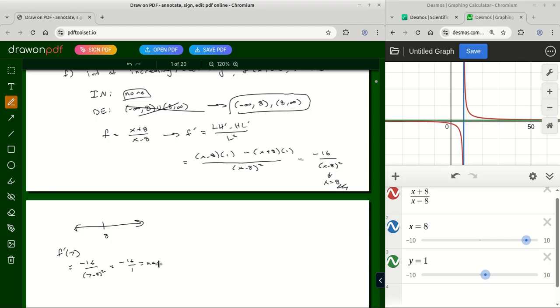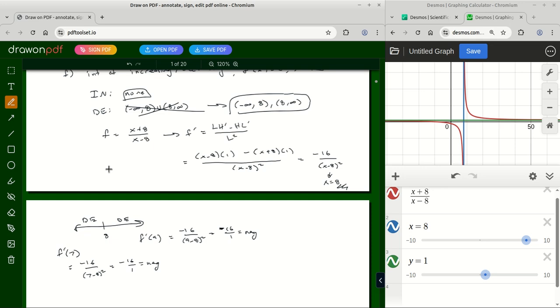So we got a negative, which means decreasing. And then let's do f prime of 9. You're going to see the same thing, -16 over 9 minus 8 squared. It's a negative divided by 1, which is again a negative. Again, this is going to be decreasing. So decreasing everywhere. Again, we already looked at the graph. We didn't need to do all that.